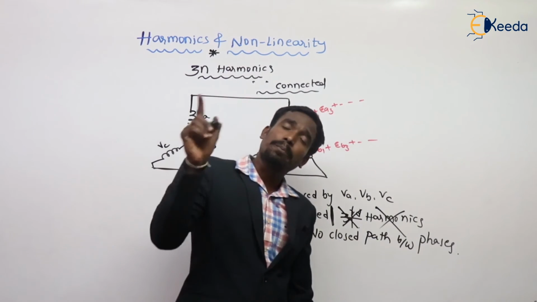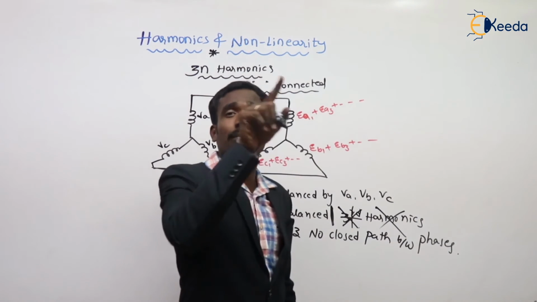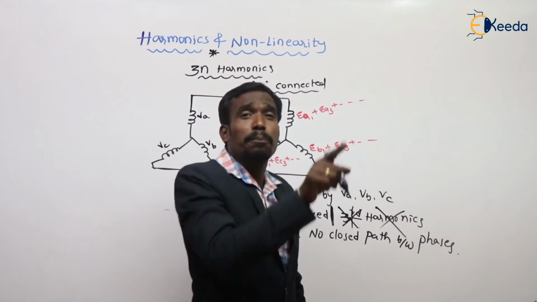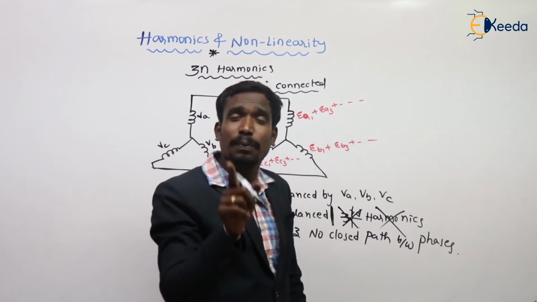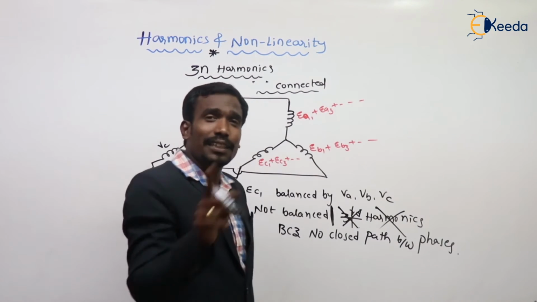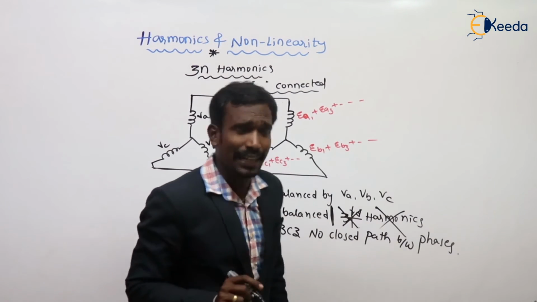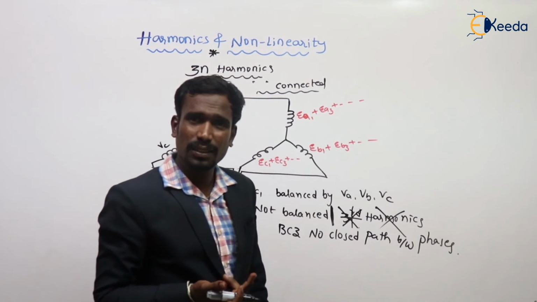In delta, it provides a closed path, so it produces third harmonic currents, because it provides the closed loop for third harmonic currents between the phases. But here the star connection doesn't produce the third harmonic currents because there is no closed path between the phases.